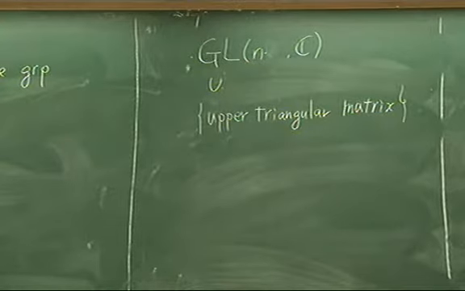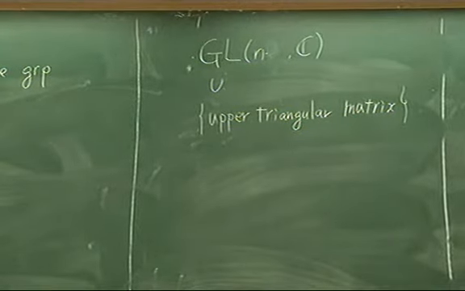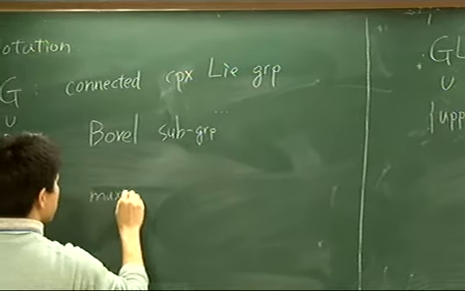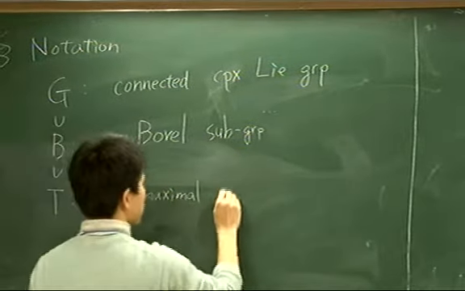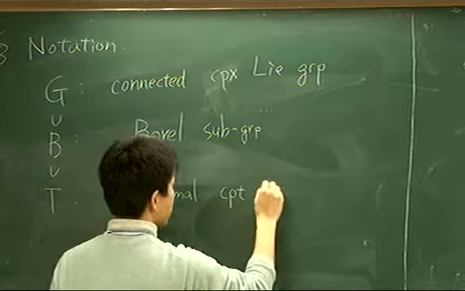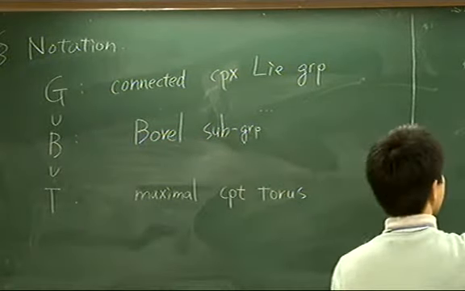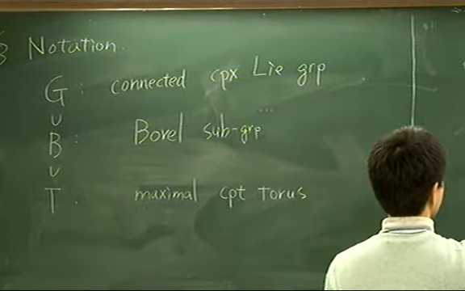T is the maximal compact torus, diagonal.